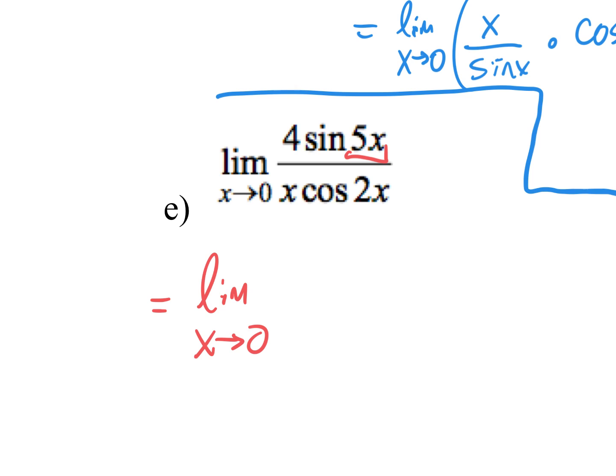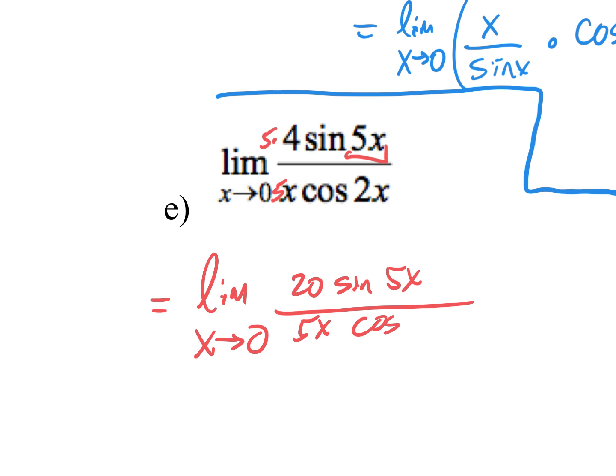We'd like to have a 5 here, but there isn't a 5 there. But this is a fraction, and so I can multiply by 5 on top and multiply by 5 on bottom. So this is going to be 20 times the sine of 5x all over 5x times cosine of 2x.